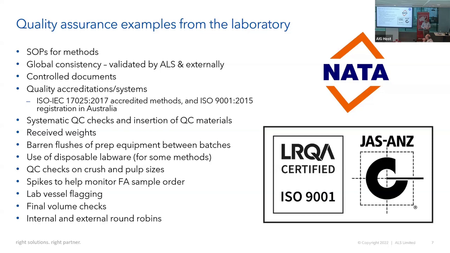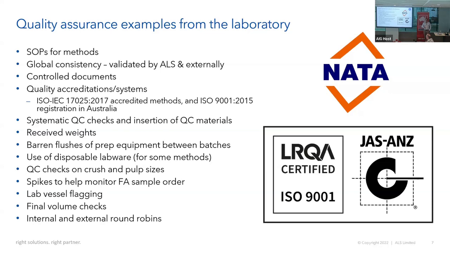We collect received weights on samples. So that is one way that we know what could be a CRM coming in, because there's a bit of a size discrepancy there, a mass discrepancy there. We use barren flushes of prep equipment between batches, disposable labware for some methods, QC checks on crush and pulp sizes. I've got an example of that coming up.